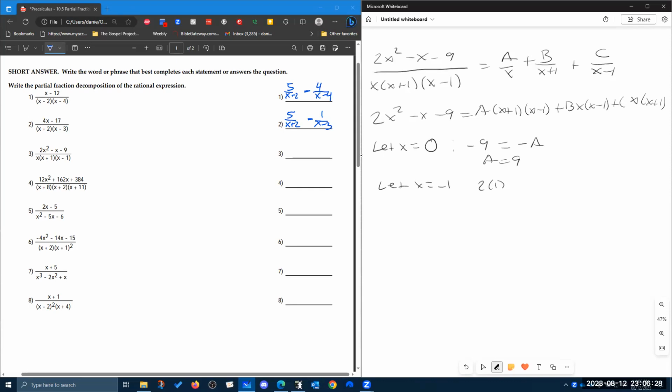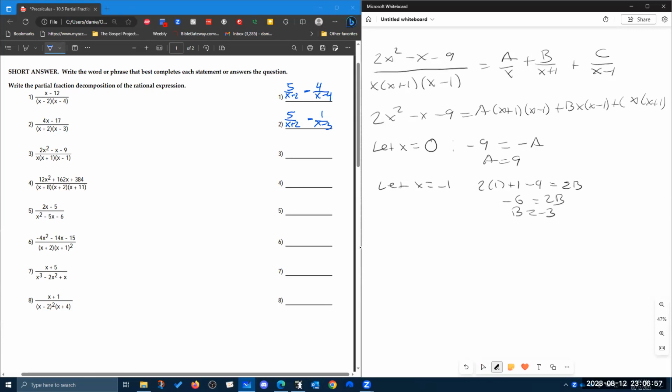That's 2 times 1 plus 1 minus 9 equals 0 plus negative b minus 2, which is a positive 2b. So 2 plus 1 is 3, 3 minus 9 is negative 6, which equals 2b, and b is negative 3.